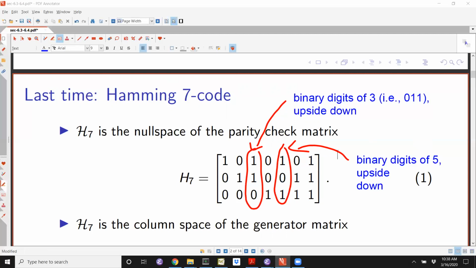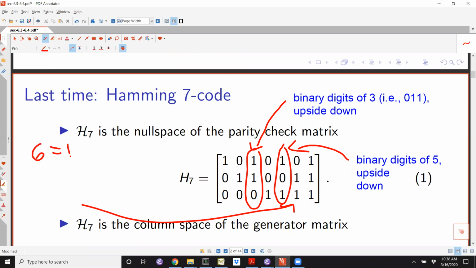Let me do that for 6. So here's a quick review of binary. Excellent question, thank you very much. Let me do 6 here. So why is it that 6 is equal to 1, 1, 0 in binary?